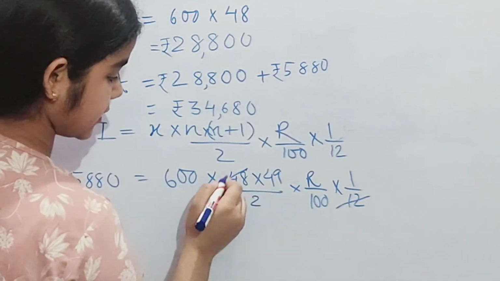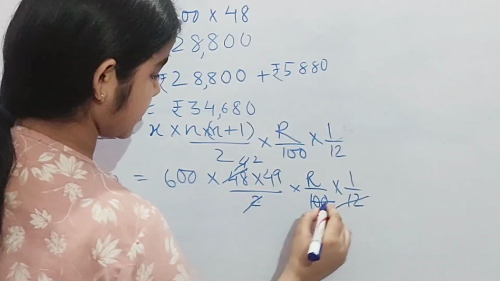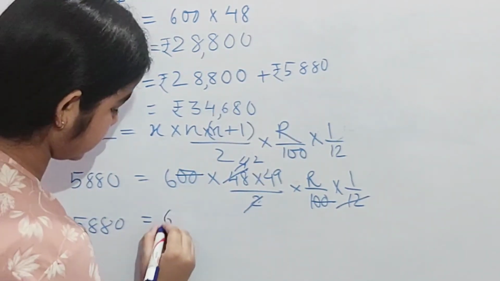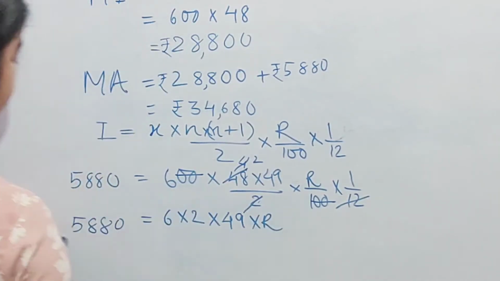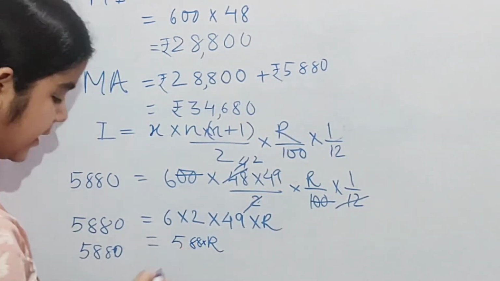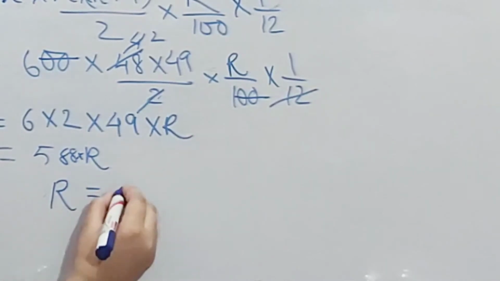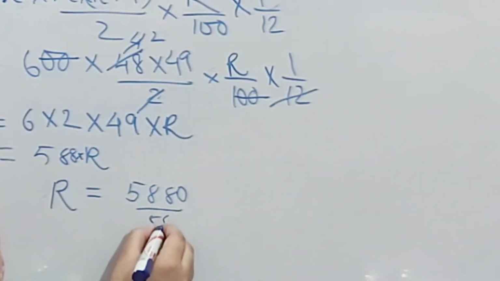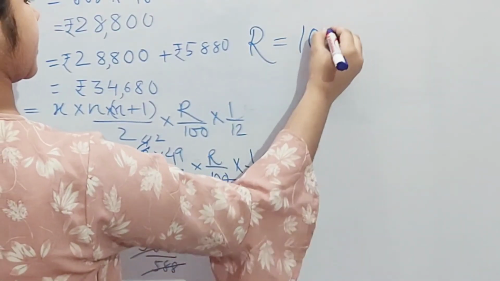Firstly this and this 4 times, this and this 2 times, these 2 zeros. 5880 is equal to 6 times 2 times 49 times R. Let's transfer this value over here. Since here it is in multiplication form, therefore here it will become in division form. That is, R is 5880 upon 588. We find out that the rate of interest is 10%.